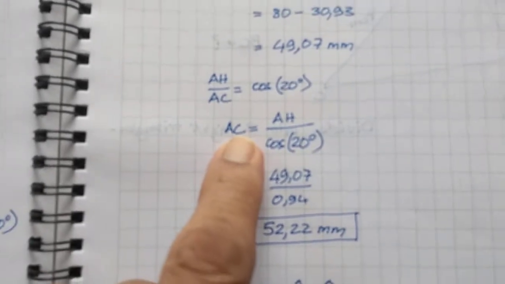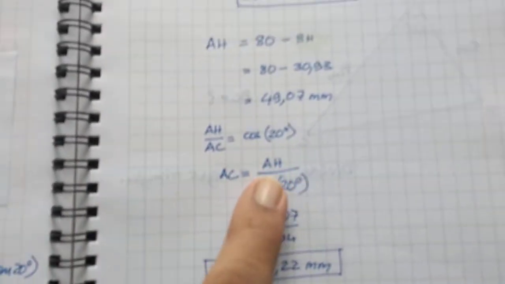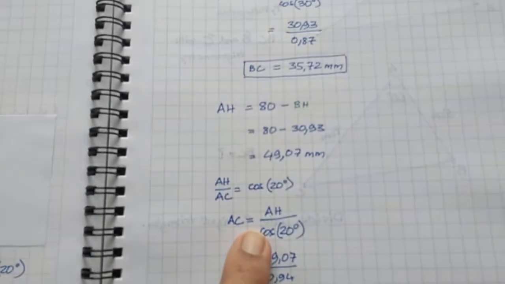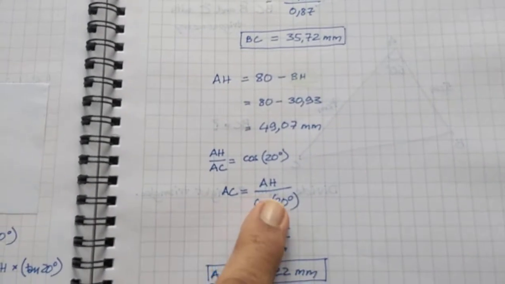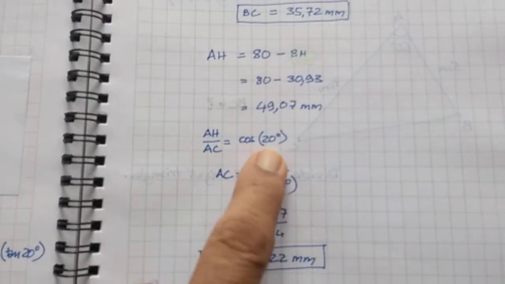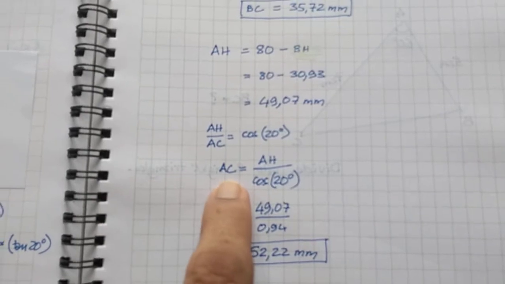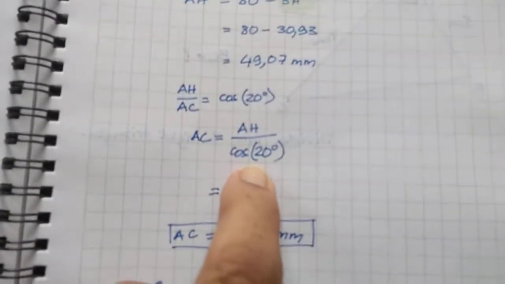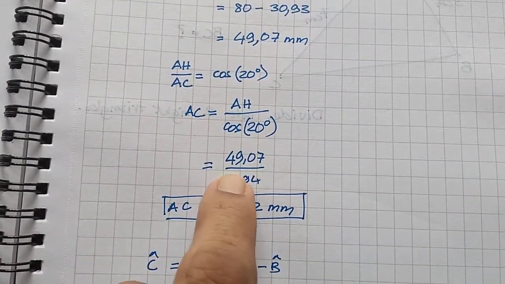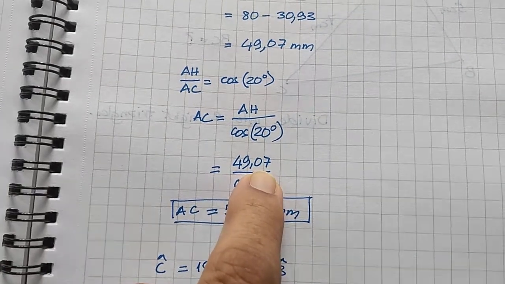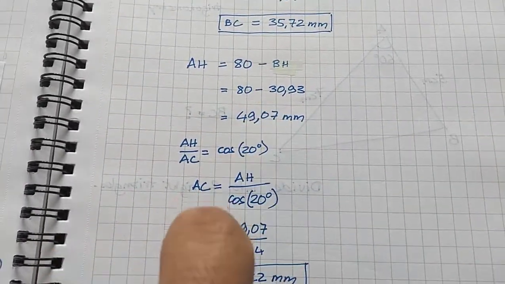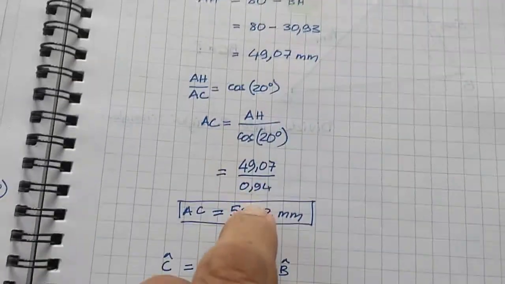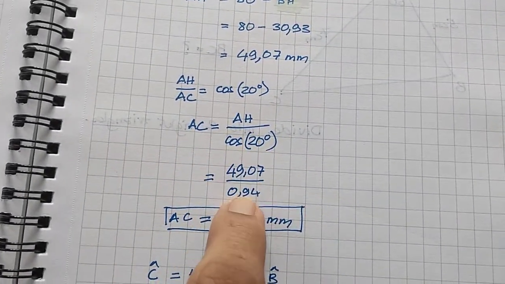So AC is equal to AH over cos 20 degrees. Plug in the numbers. We know AH is equal to 49.07. Where did we calculate that? Here. Cos of 20 is 0.94.